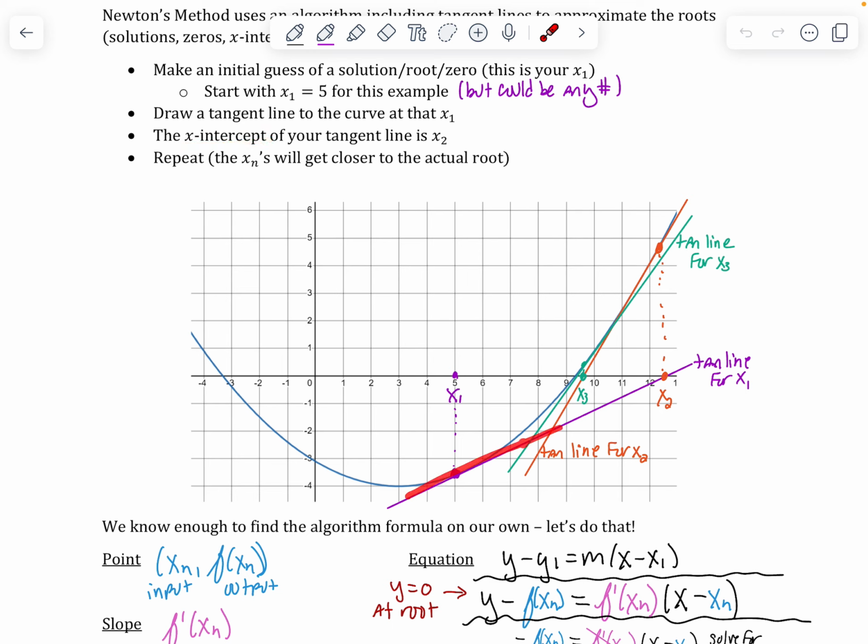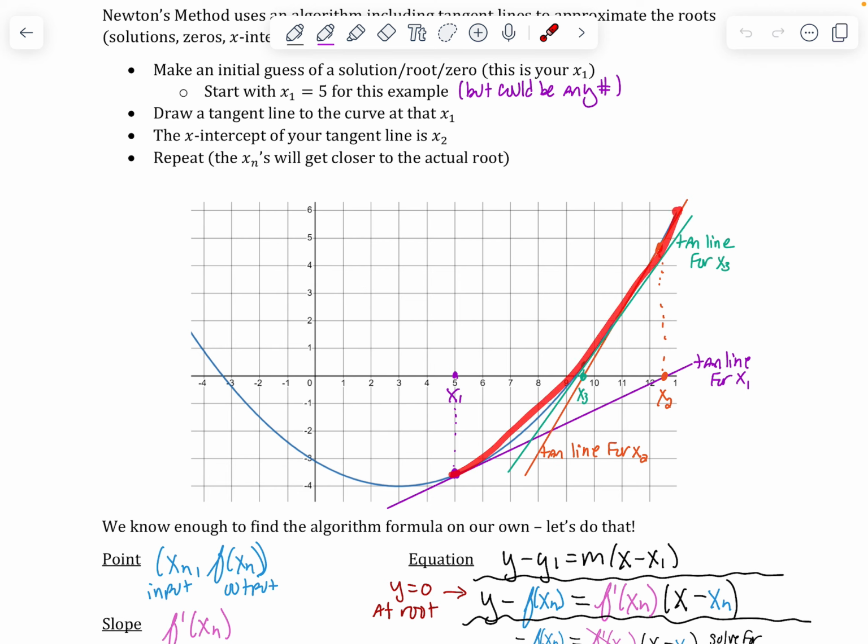If I'd only drawn it this short, that's not going to help me. I needed to come all the way over here so that I crossed the x-axis, and I went a little beyond just for clarity. As soon as you find that point on the x-axis, your x-intercept, that's your new x value. So now my x2, instead of being 5, looks like it's 12.5.